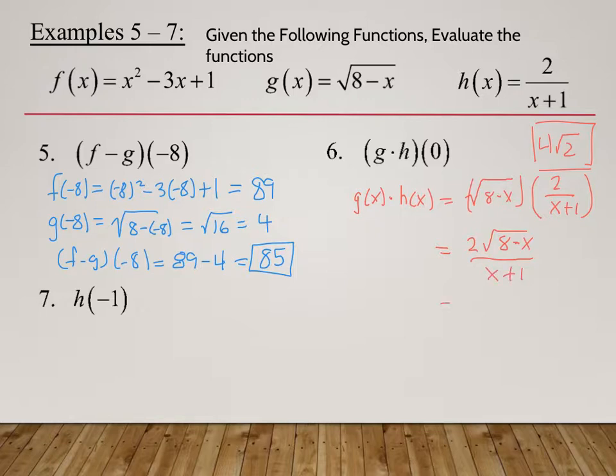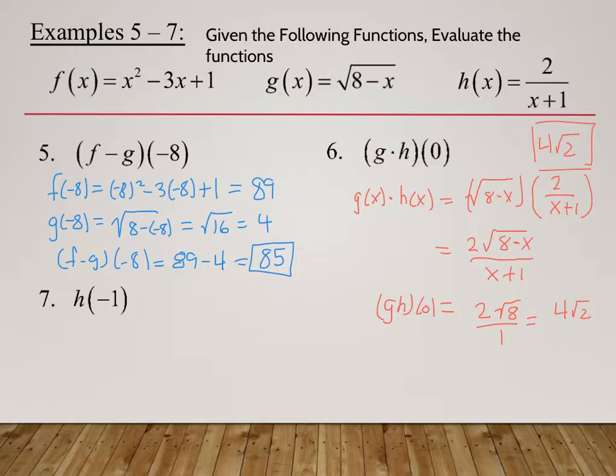And now when we put in 0, we have gh of 0. We just get 2 times the square root of 8 over 1, which is 4 square root of 2.